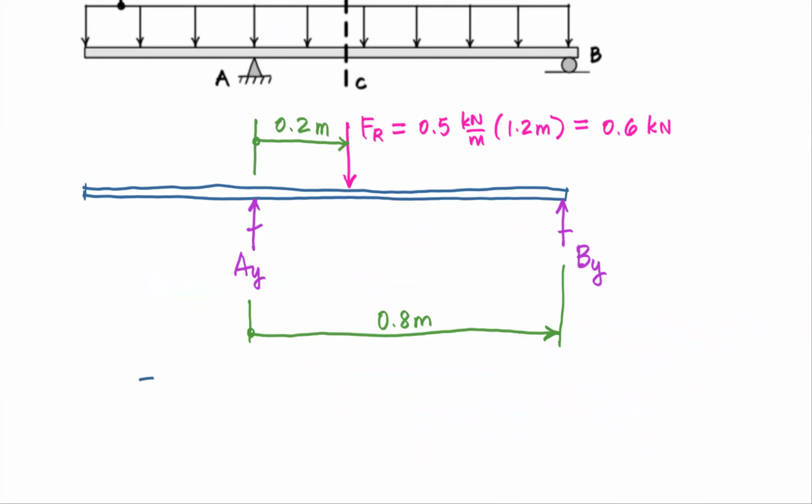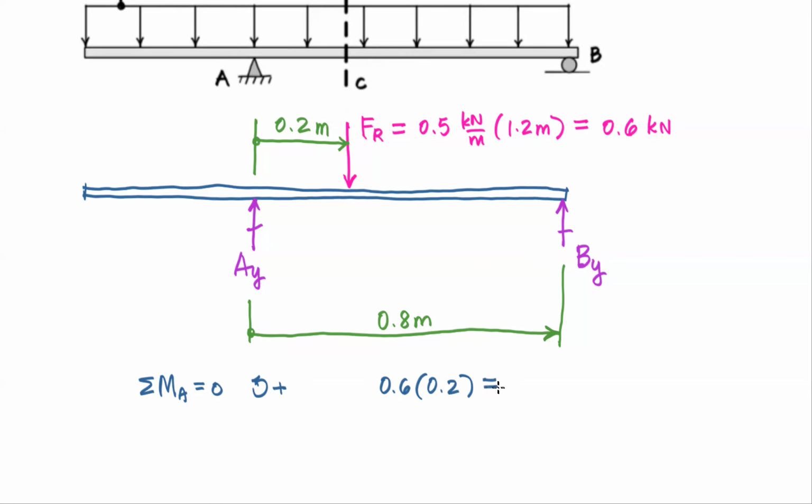So we do summation of moments about A is equal to 0, counterclockwise positive, equations of equilibrium. First term, my resultant force 0.6, distance 0.2. And since I've just got two terms in the system and they create opposite rotations, I'm not even going to worry about positive and negative signs.